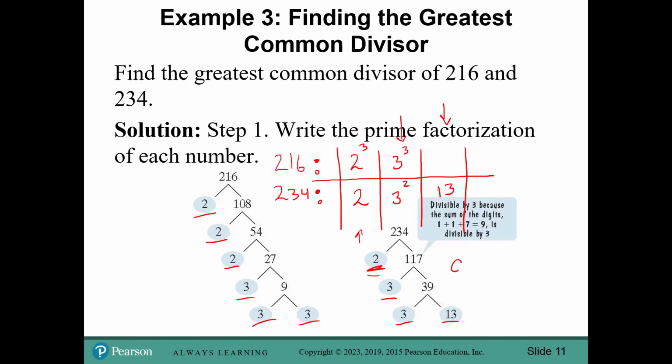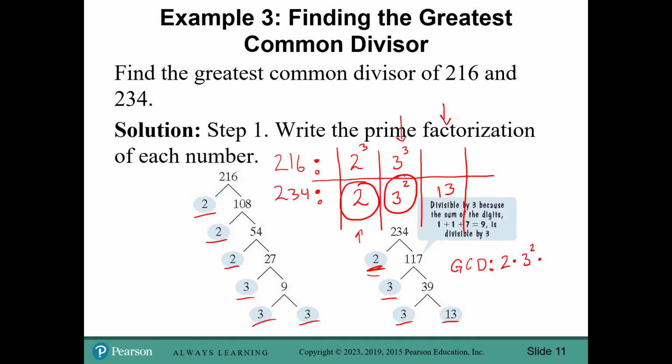And then my greatest common divisor is going to be the lowest power of 2s multiplied by the lowest power of 3s. Right? So if I compare the two, I've got 3 to the third, I've got 3 to the second. It's the smallest power, 3 to the second.